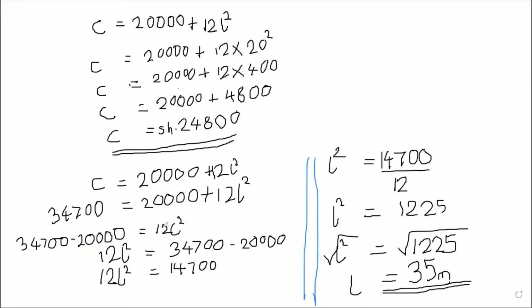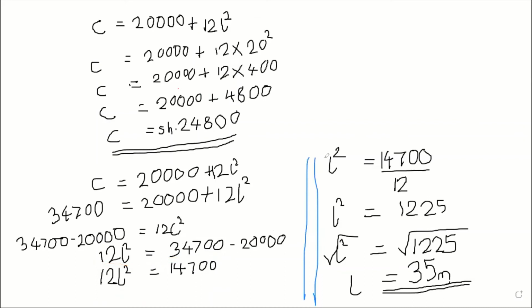I prefer to take the unknown to the other side to make it easier to solve, so we exchange the positions and say 12L squared is equal to 34,700 minus 20,000. That is 14,700, meaning 12L squared is equal to 14,700.